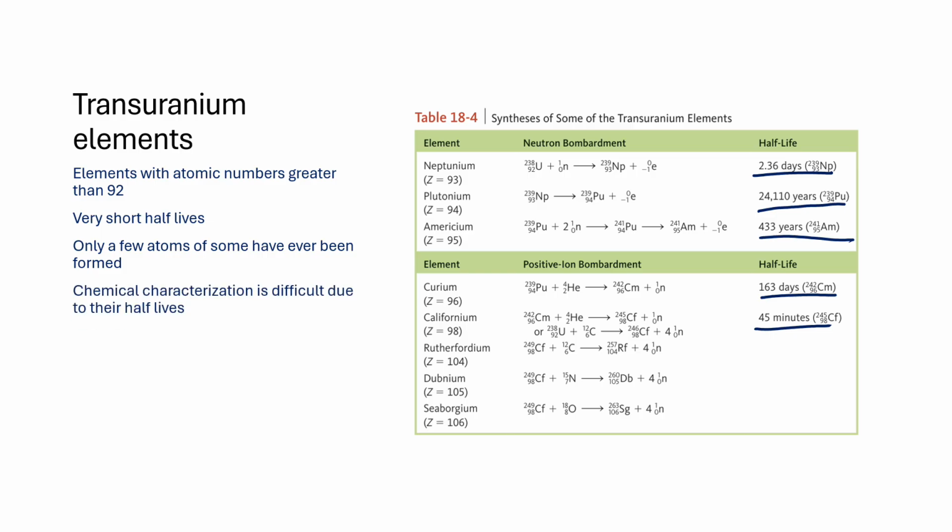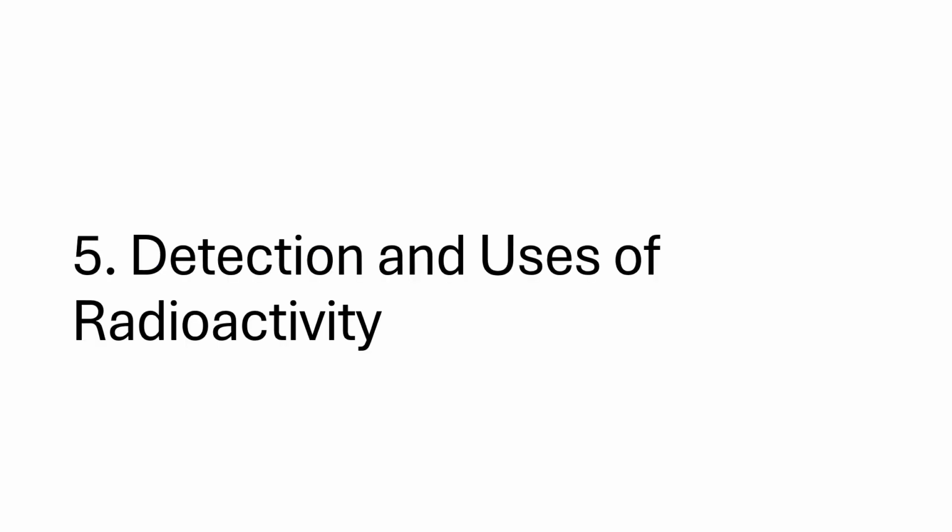The chemical characterization of these elements is difficult due to their half-lives. Imagine trying to analyze a sample that's going to run out within 2 hours. You don't even have time for sample prep. So it's very difficult to investigate how these chemicals react because they disappear immediately.